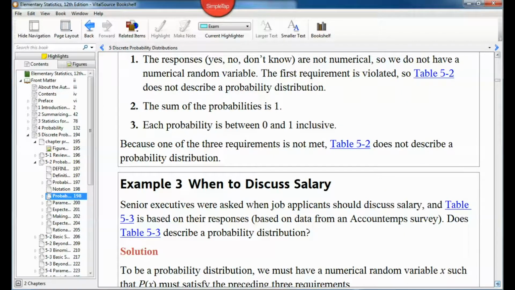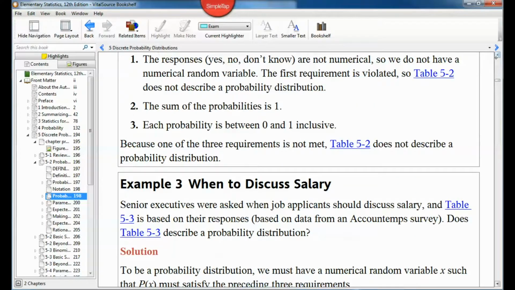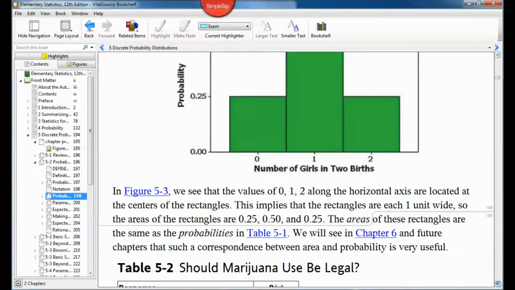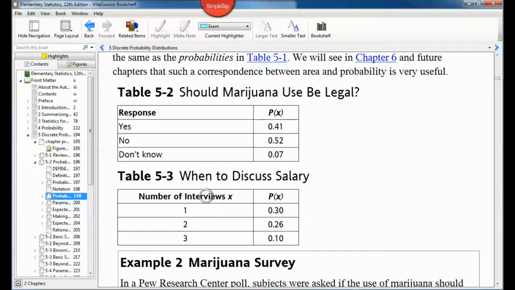Table 5.3. Senior executives were asked, when job applicants discuss salary, their results are in Table 5.3 based on their responses. Does it describe a probability distribution? Let's see. Here's Table 5.3. Number of interviews, 1, 2, 3.